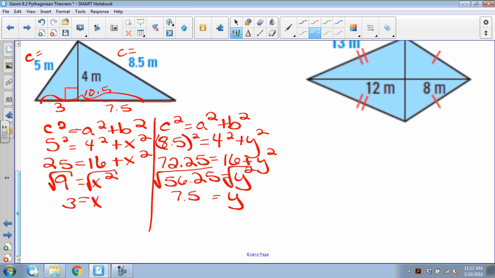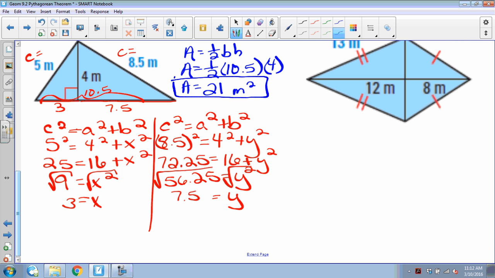Okay, so now we can find the area. So area equals 1/2 base times height. So area equals 1/2. The base is 10.5 and the height is 4. So area equals 21 square meters.